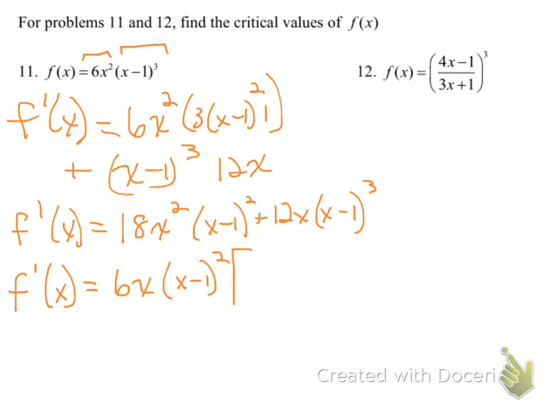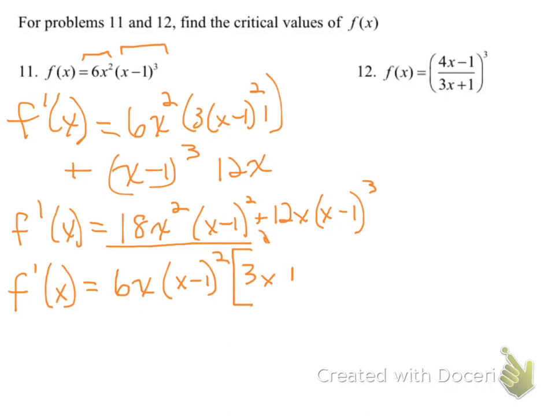I always use my brackets so that I know I'm doing greatest common factor factoring. Given that I've pulled out 6x times x minus 1 squared, how do I get that back? Well, I need a 3x, and that's all I need because I already have x minus 1 squared.